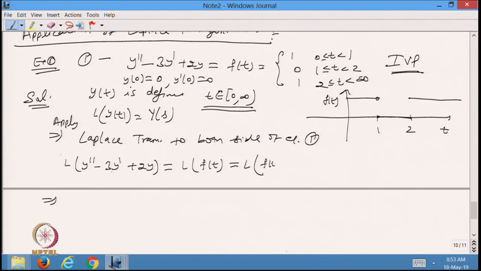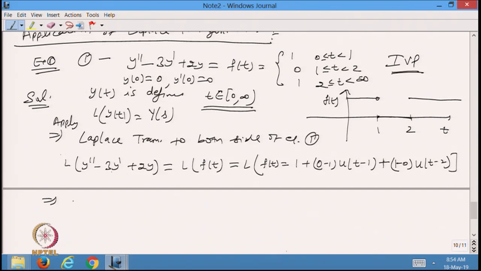So, in this case my f t I can write in this form as 1 plus 0 minus 1, this minus this, and defining the unit step function at the point which is common to both, plus this value minus this value. So, 1 minus 0 and then the unit step function u at 2.